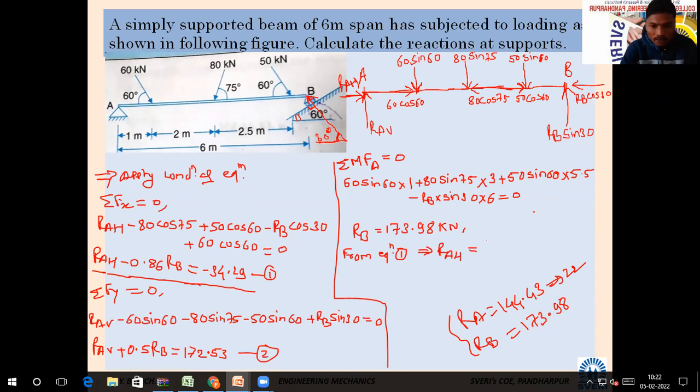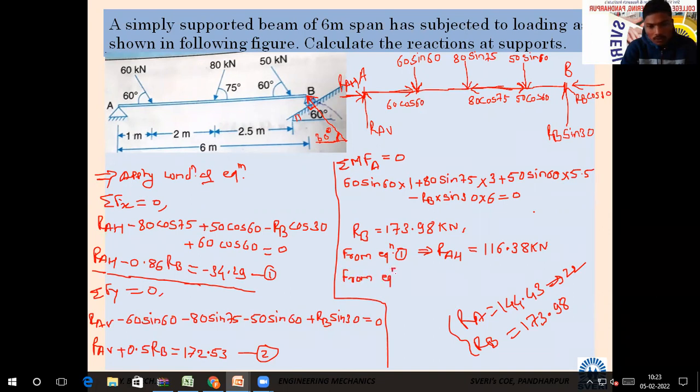Tell me what is the value of RAH? 116.38 kilonewton. Is it correct? If someone has got some other answer, tell me. Same, sir. Correct, sir.